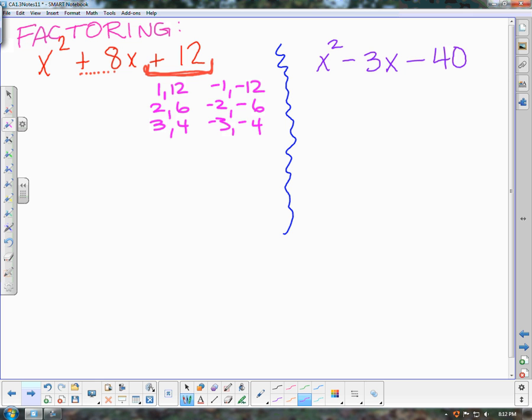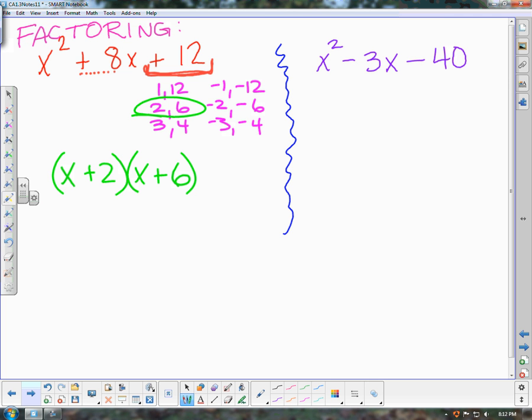Now, I don't expect you to have to list all of those to figure out the pair that gets you to 8. In this case, it would be the 2 and the 6 that are both positive. So your answer would become x plus 2 and x plus 6.